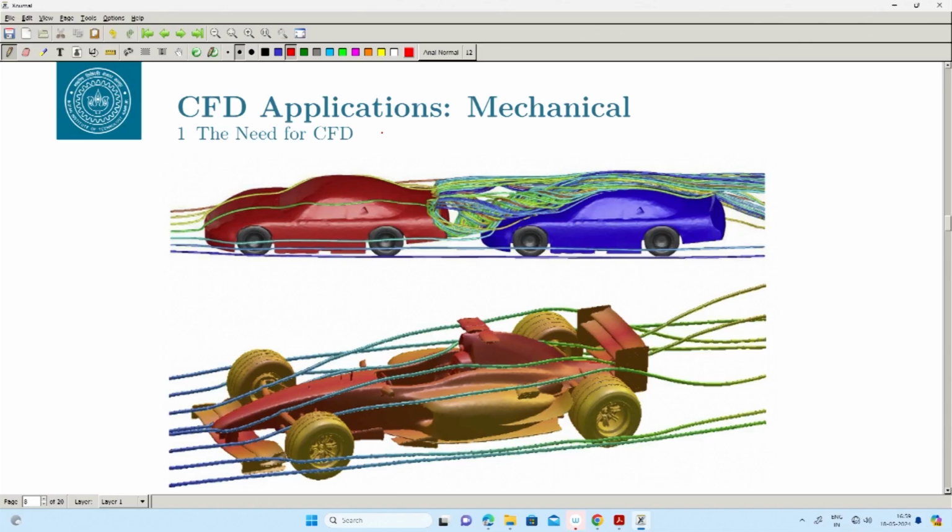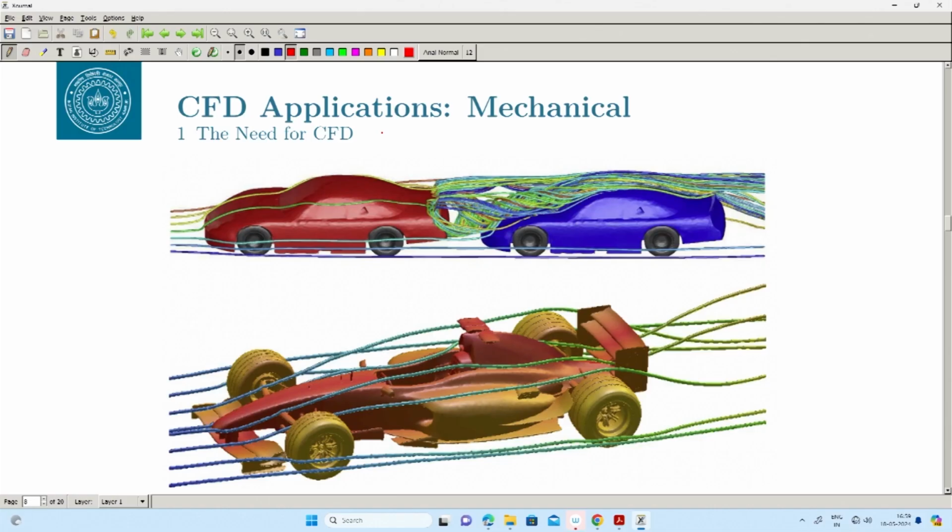Your turbine should sustain that kind of thermal stress. The temperature could be around 2000 Kelvin, right. So, to design such a complicated system, CFD is a very useful tool, okay. This was the example of air-breathing propulsion, but even for rocket propulsion, people are using CFD to arrive at these designs.